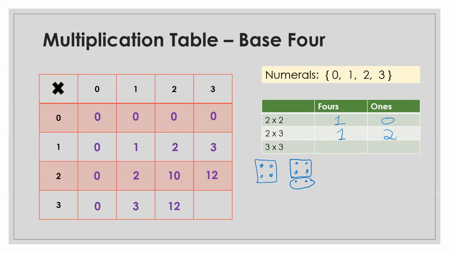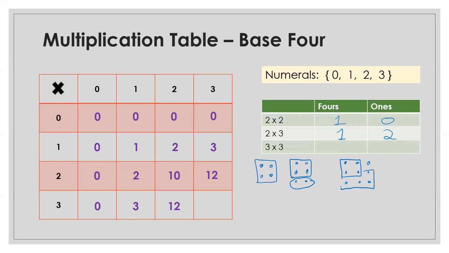All right, the last one we want to look at is 3 times 3. That is 3 groups of 3. There you go, 3 groups of 3. We are in base 4, so we're going to go ahead and say here is 1 full group of 4.